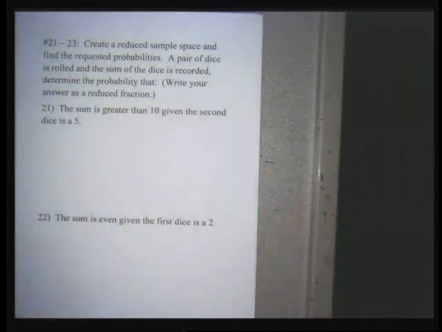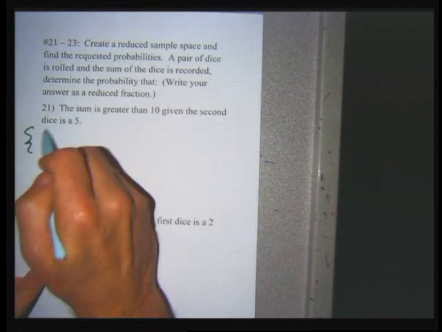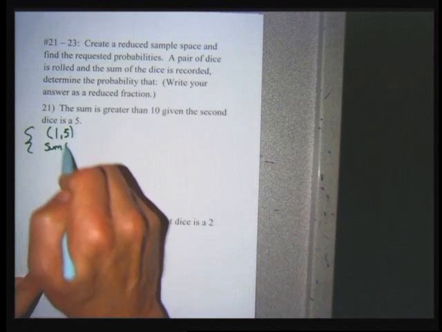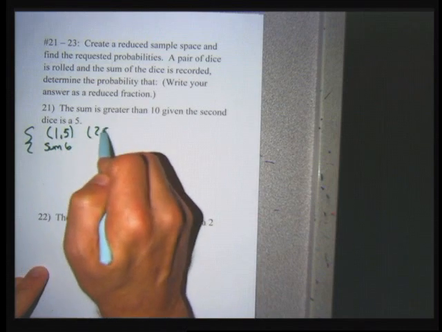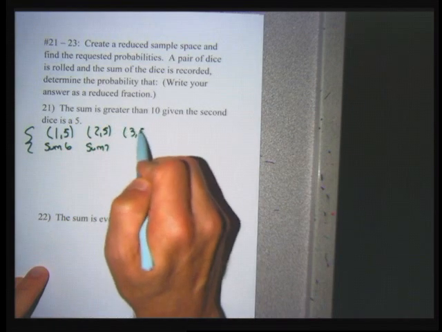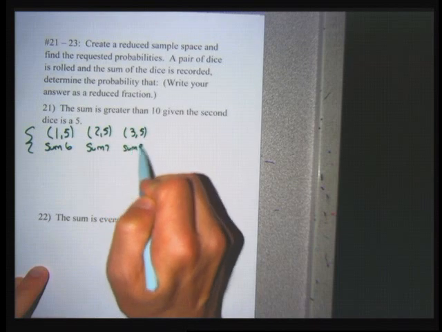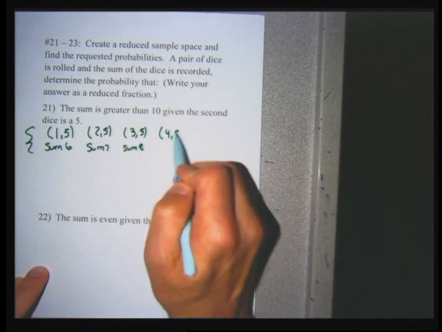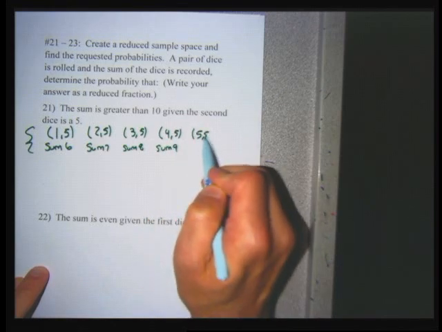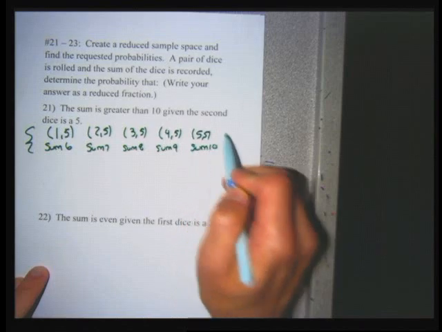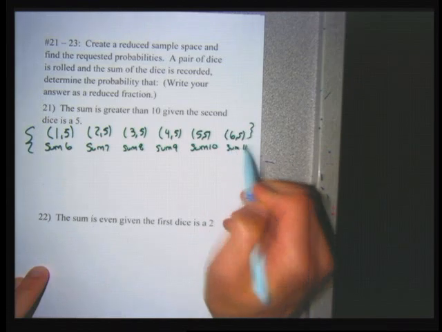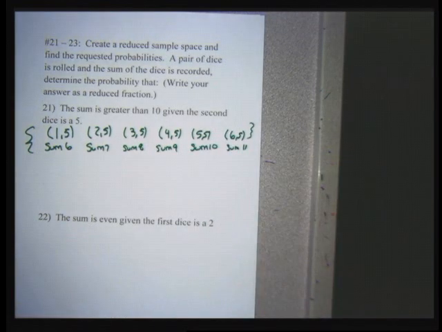So my reduced sample space would be getting a 1 and a 5, which is a sum of 6, a 2 and a 5, which is a sum of 7, a 3 and a 5, which is a sum of 8, a 4 and a 5, which is a sum of 9, a 5 and a 5, which is a sum of 10, and a 6 and a 5, which is a sum of 11. I'm going to use only this sample space to answer question 21.